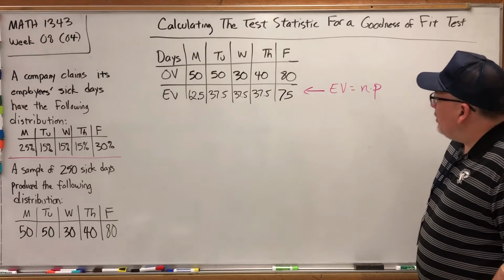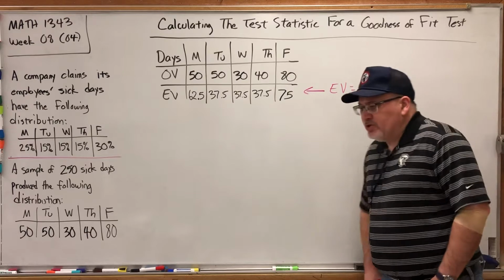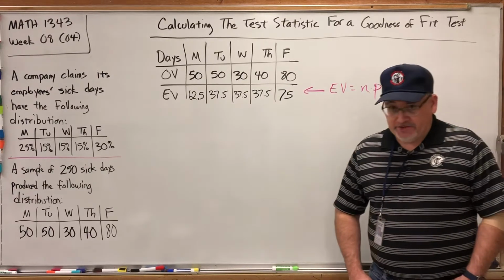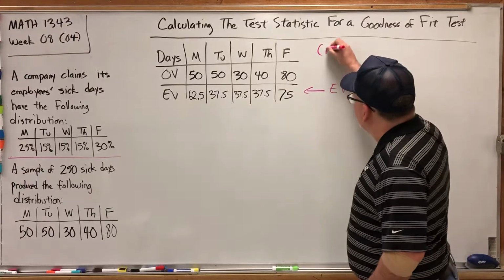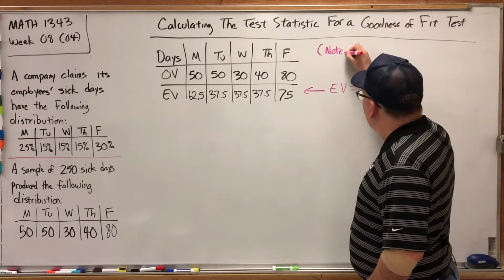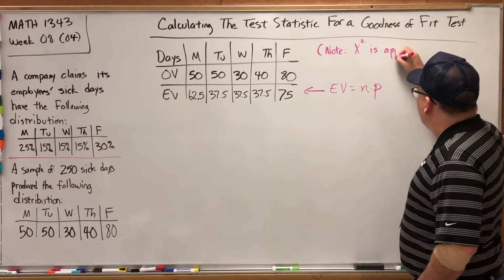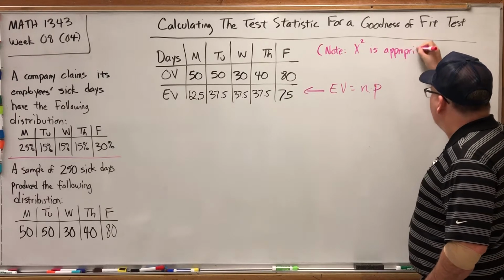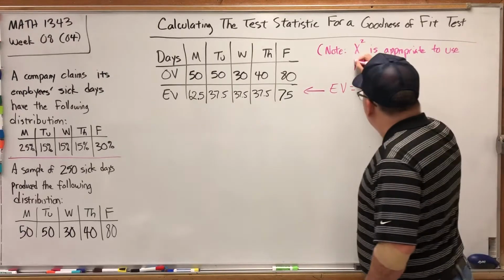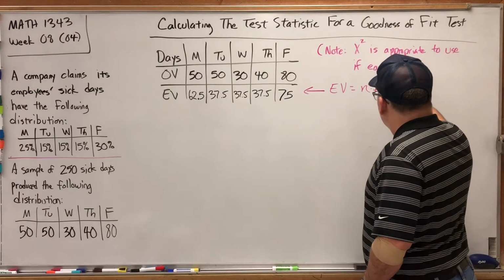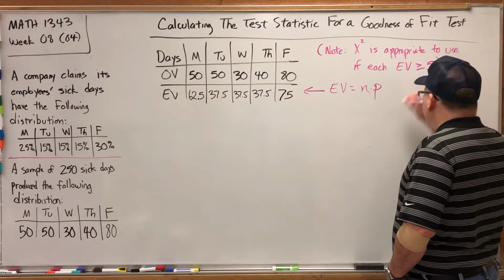But under what conditions will the chi-square distribution be suitable for doing a goodness of fit test? The answer is really simple. So, little side note, literally, chi-squared is appropriate to use if each expected value is greater than or equal to 5.